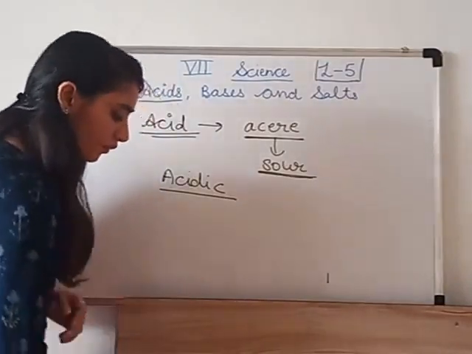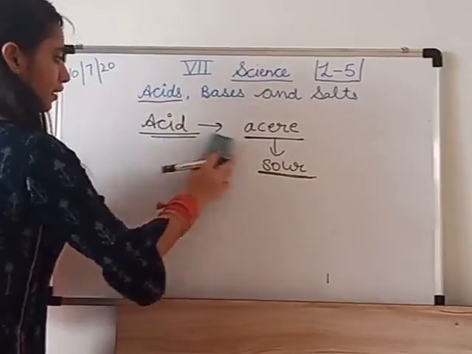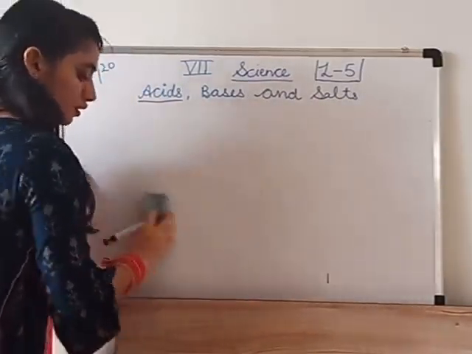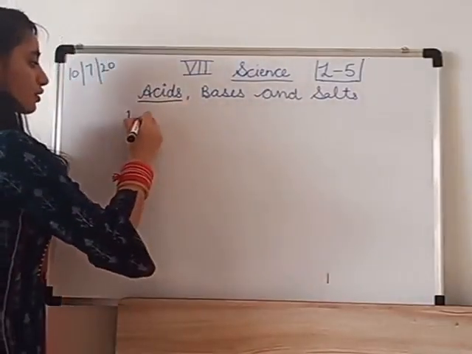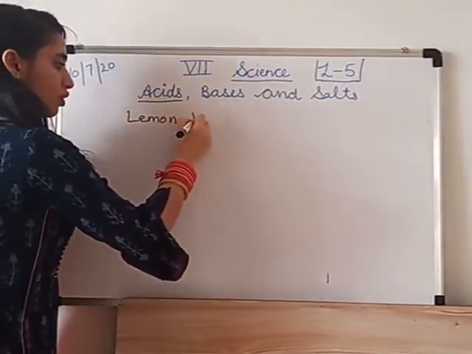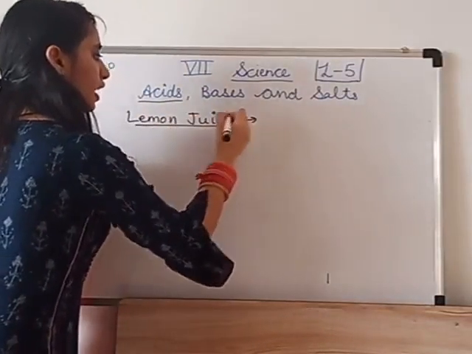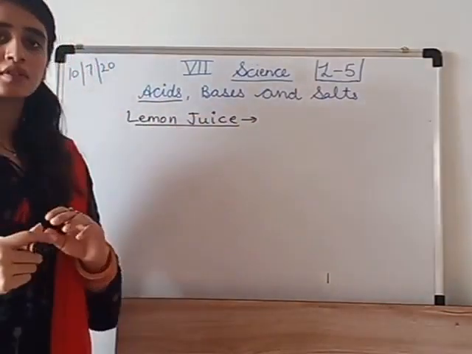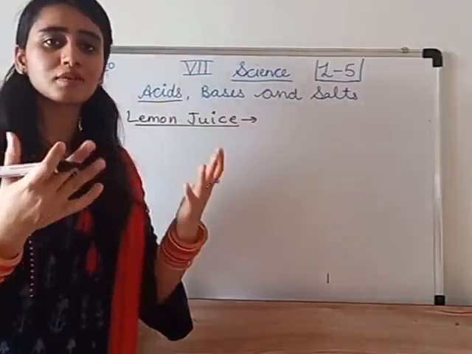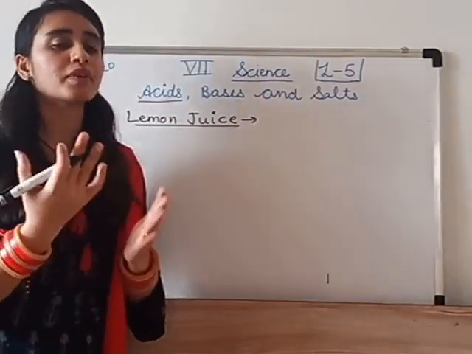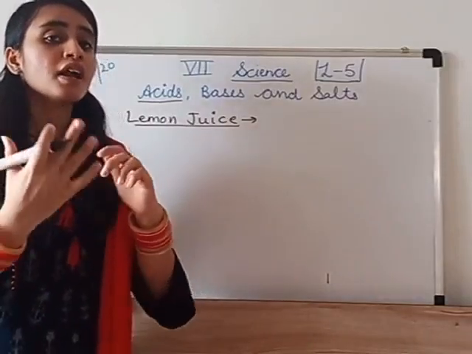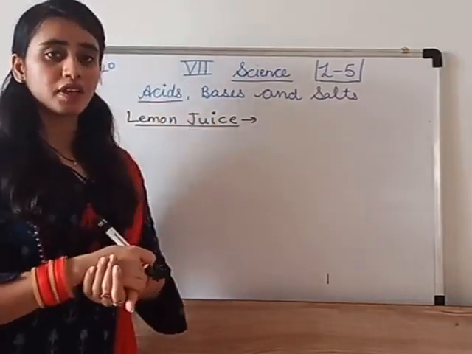See this lemon juice. Now tell me, what is the taste of this lemon juice? First we'll discuss some examples. We take some daily life examples and tell me the taste of these substances.